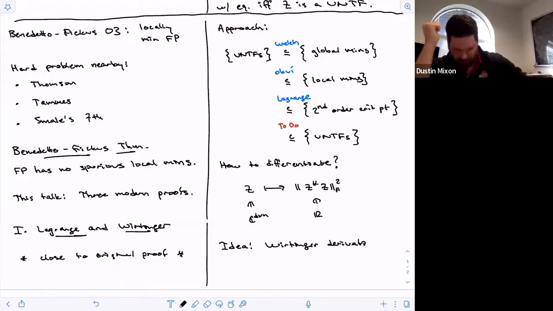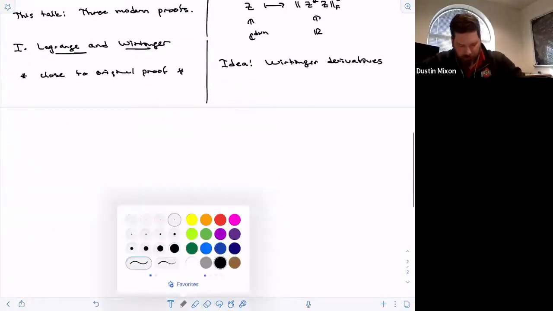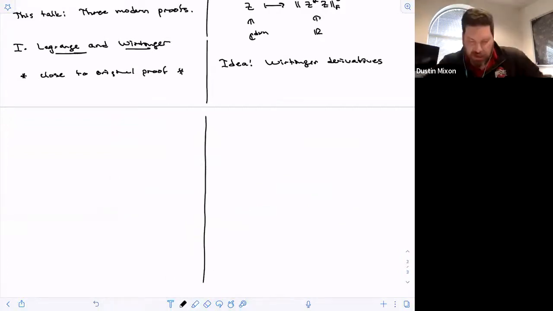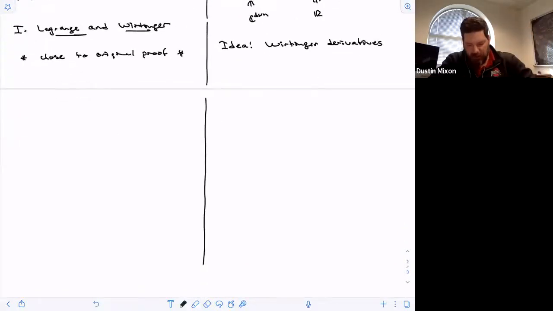So the first time that I learned about the existence of Wirtinger derivatives is from a paper on phase retrieval called Wirtinger flow. And the main idea is that all of the derivative information that you need from this function is going to be nicely captured using this alternative calculus.